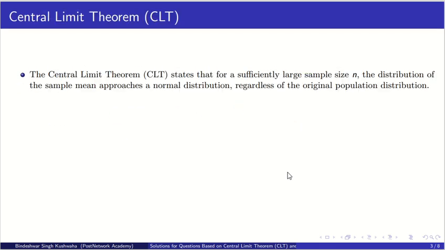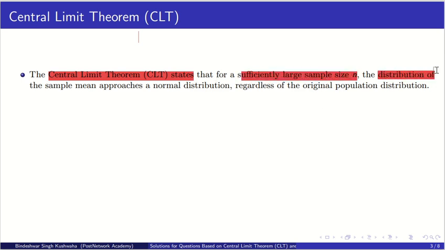First of all we have to know the central limit theorem, and it states that for a sufficiently large sample n, the distribution of sample mean approaches normal distribution. This is very important.